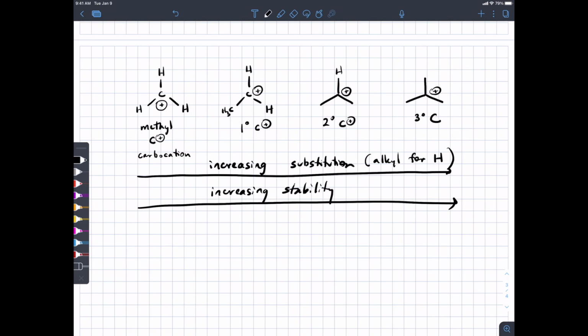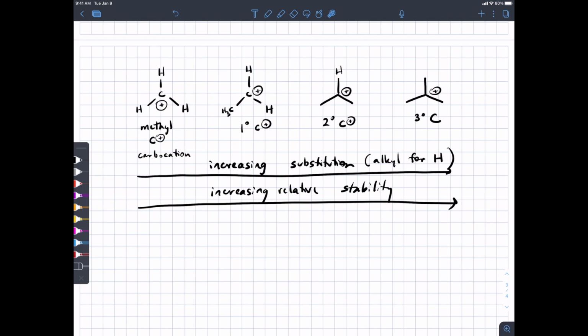So tertiary carbocations are more stable than secondary, which are more stable than primary, which are more stable than methyl. And by stability, I think we should probably just say relative stability, because the tertiary carbocation is still pretty unstable.